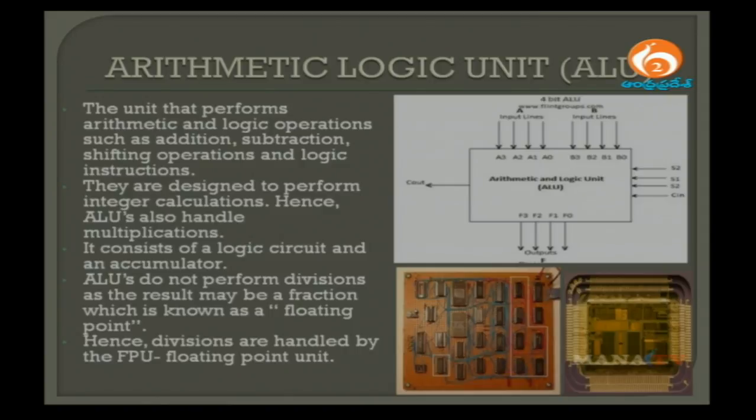ALUs do not perform divisions, as the result may be a fraction, which is known as a floating point. Now when I say this, yes, I was talking about addition, subtraction and shifting operations. Yes, but I also told you about multiplications. But did I say division? No, isn't it? So yes, it is true.